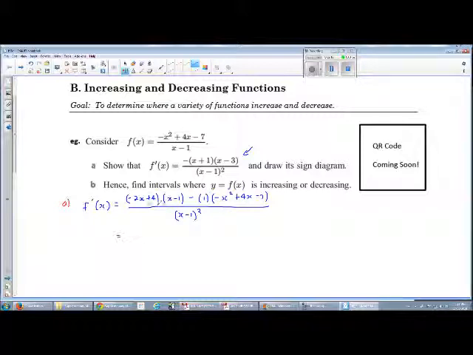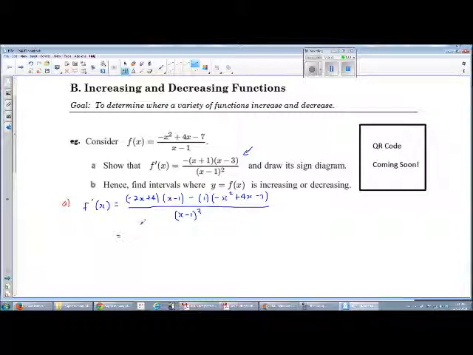So in a case like this, when you don't see anything that can easily be factored out, I think the best thing to do would be just to expand out these two binomials and then simplify the numerator and then see if you can factor it.